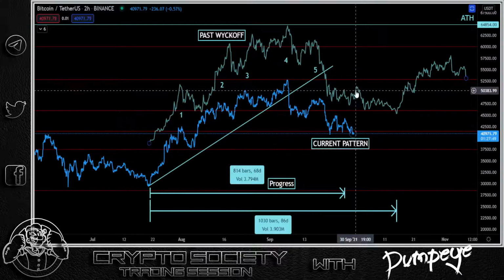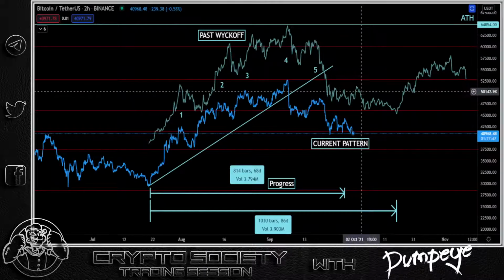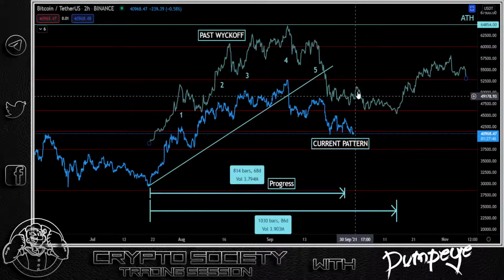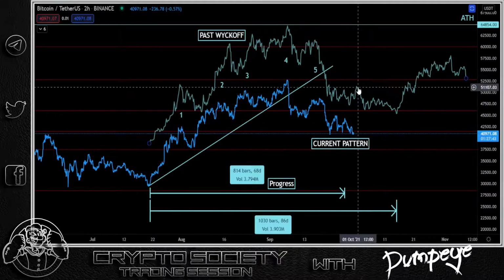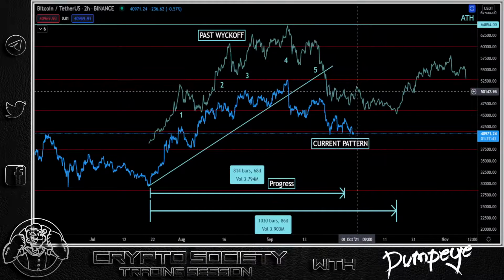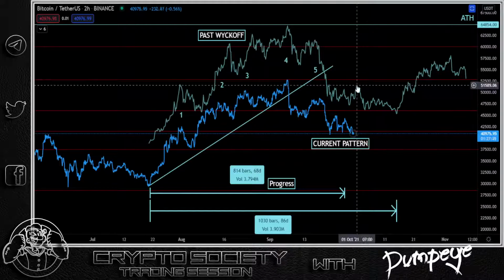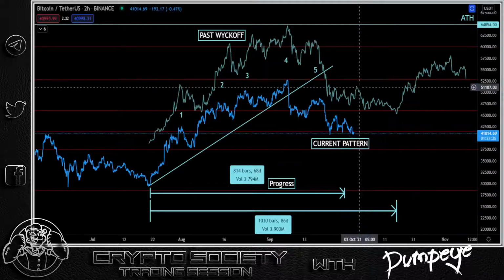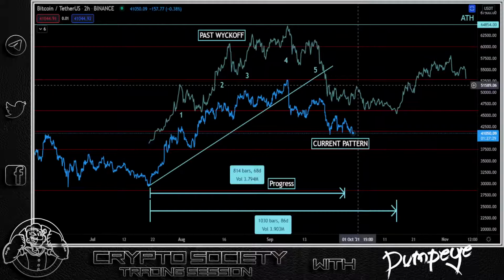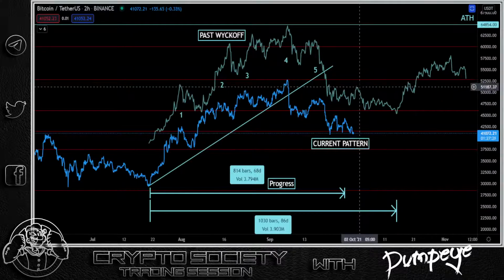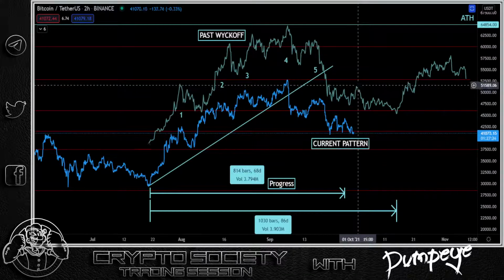So if I'm correct, and if this does follow pretty much an identical pattern, then as we come up we should be able to perhaps take some profits here when we come up to the top, because let's face it, most of the altcoins are dominated by Bitcoin, and you'll find that as Bitcoin comes up, most of the time, unless it's an extreme rise, then you'll find that the altcoins also have that chance to breathe and to come up as well.